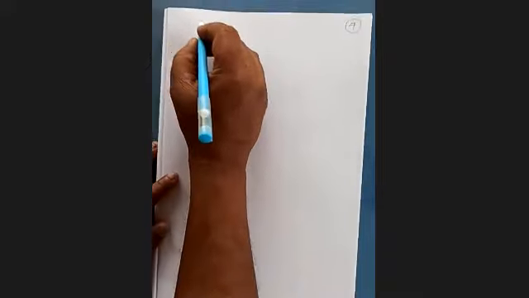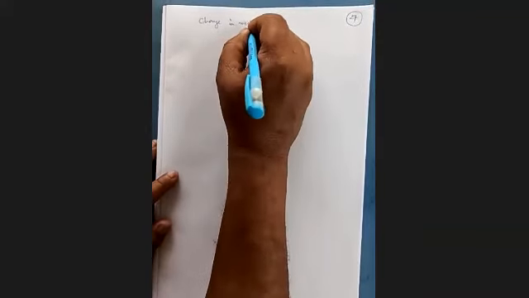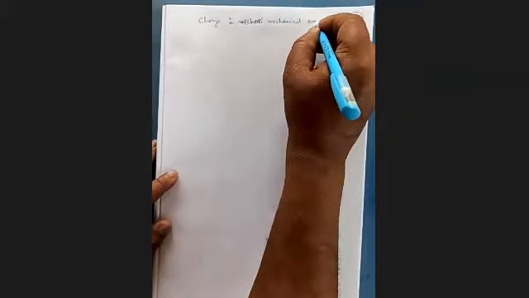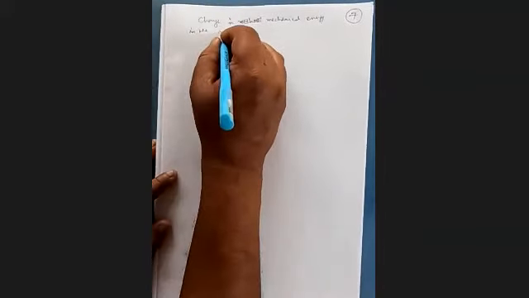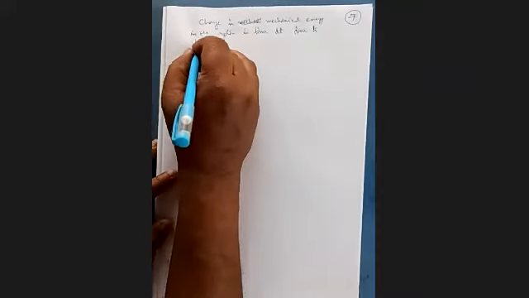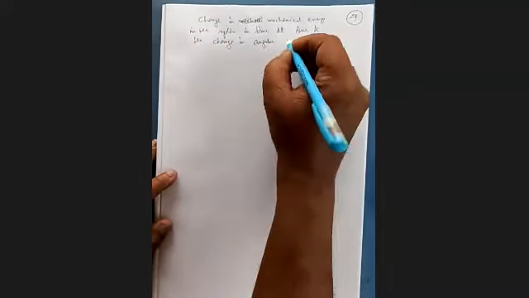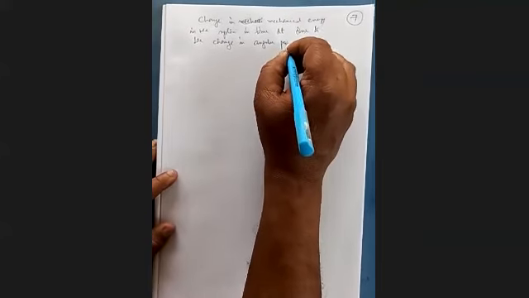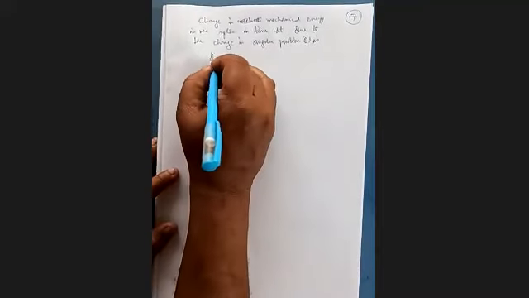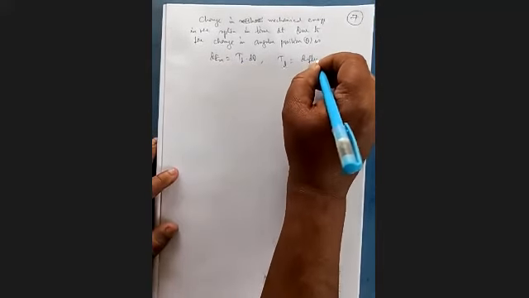The change in mechanical energy in the system in time dt due to the change in angular position theta is dEM equals TD into d theta, where TD is the deflecting torque.